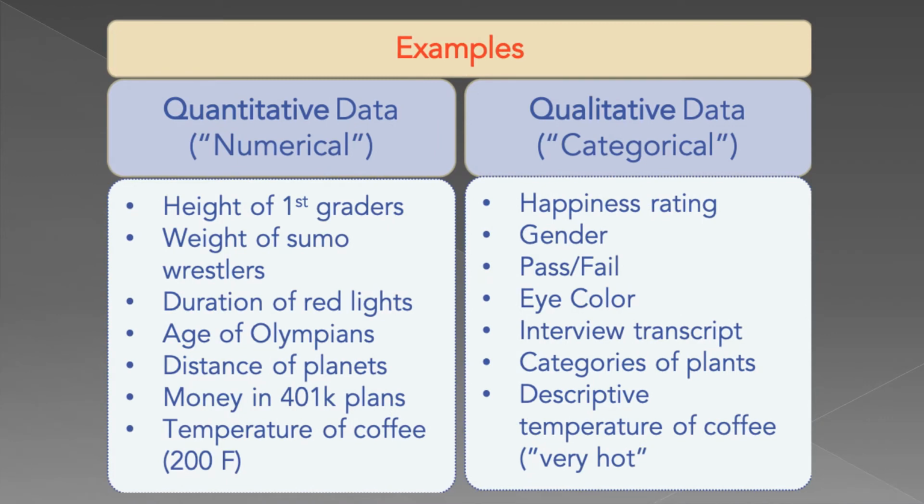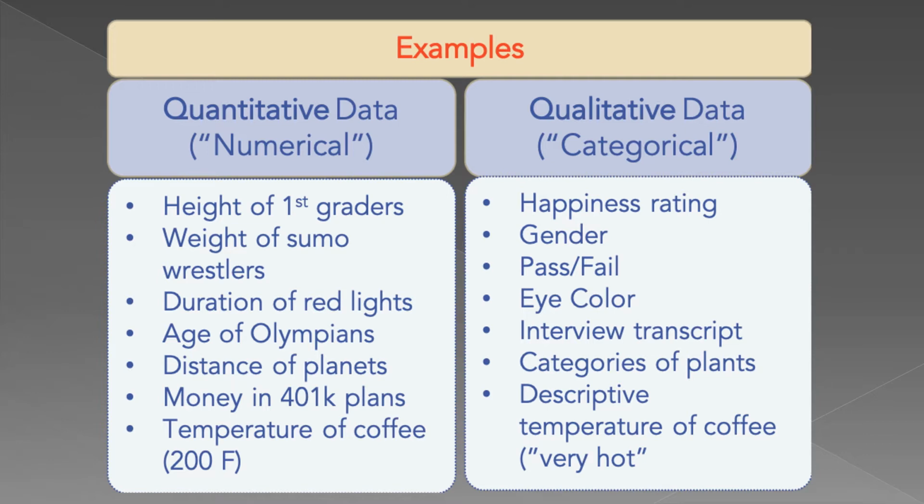So these are examples under quantitative data or numerical data: height of first graders, weight of sumo wrestlers, duration of red lights, age of Olympians, distance of planets, money in 401k, temperature of coffee, 200 degrees Fahrenheit.